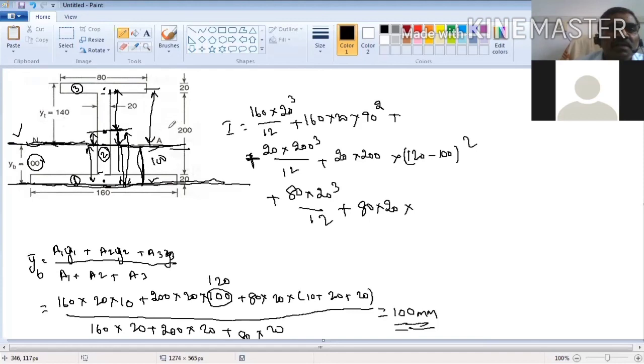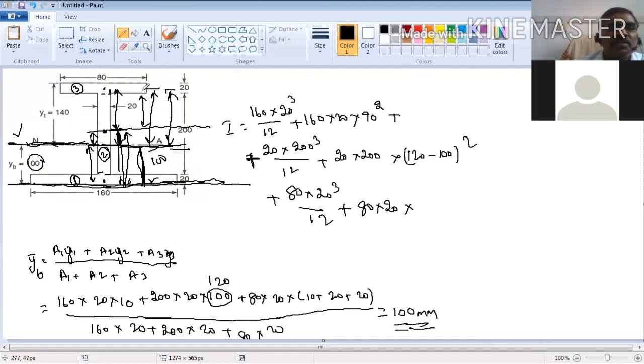Right? This distance, how to calculate? We know this is 100. What is this distance? You find. This is 20. This is 100.